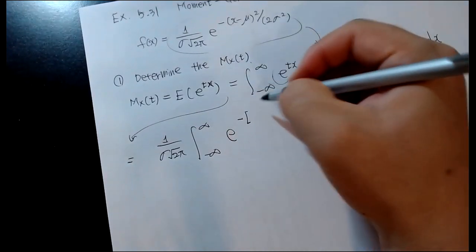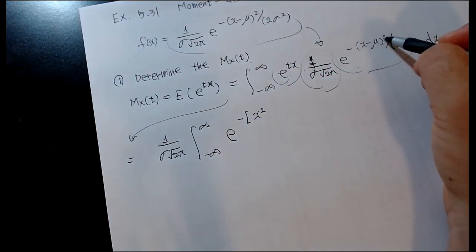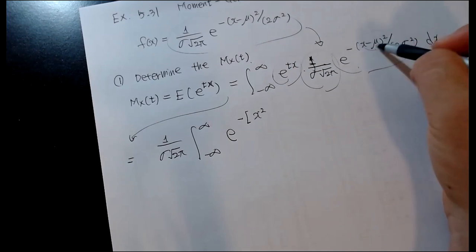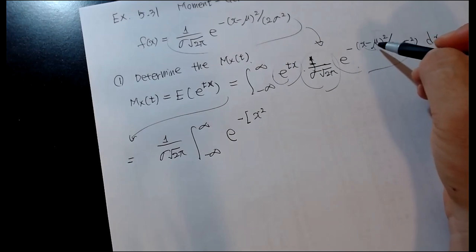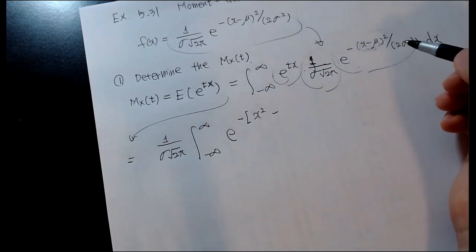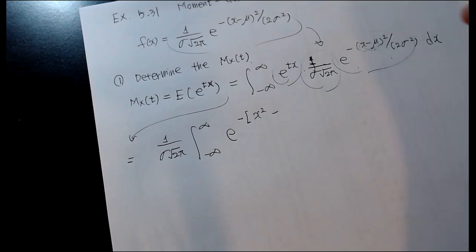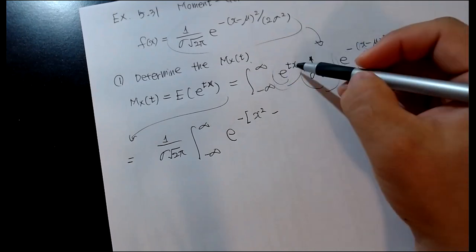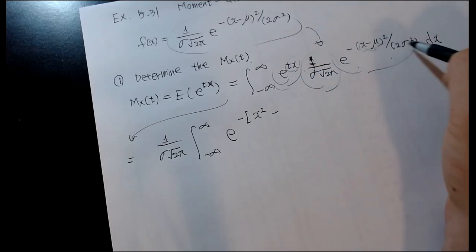So 1 over sigma square root 2 pi, and then the integral from negative infinity to infinity of e to the minus x squared, because expanding (x minus mu) squared, doing the FOIL, we get x squared minus 2 mu x plus mu squared. When you combine these two exponential terms, we have to rewrite t times x as a fraction whose denominator is 2 sigma squared.